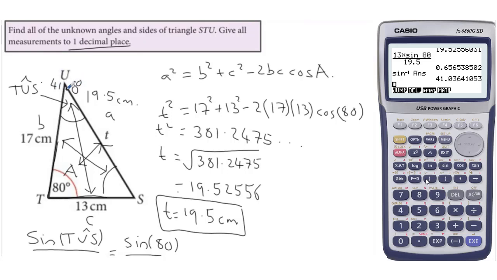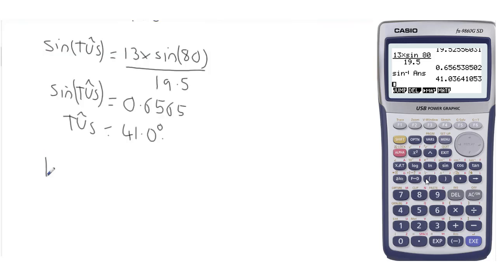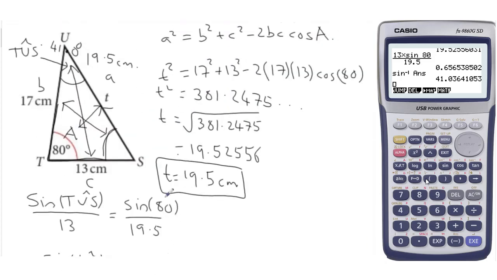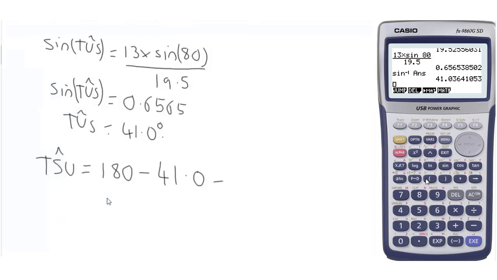So then if we want to work out the other angle, which could be TSU, TSU is just going to be 180 take away the 41.0 that we just found, and take away the other angle in the triangle, which I think was 80. Take away the 80.